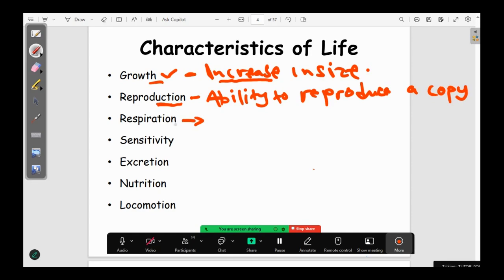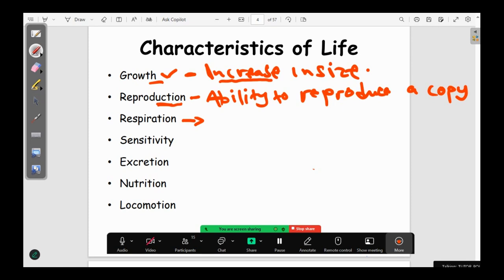I would give an example here. If you do exercise, after exercising your cells will need more oxygen to make energy, which is why you breathe heavily, like if you are from running. Why is that? Because your cells need more oxygen.